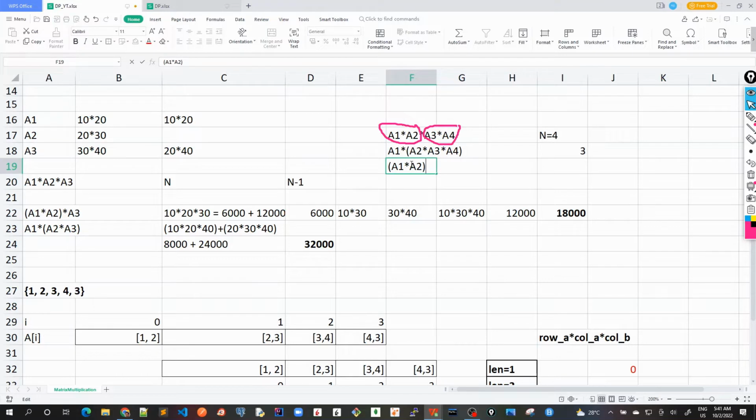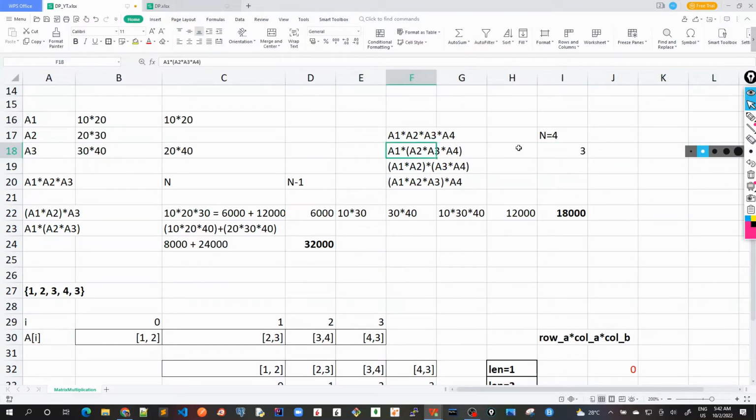This is the second possible way. And the third, as the formula says there should be three ways, is that we multiply these three first, and use the product of that to multiply A4. So these are the only three ways possible.